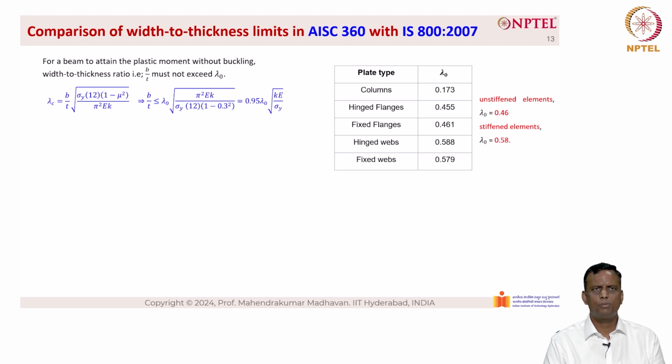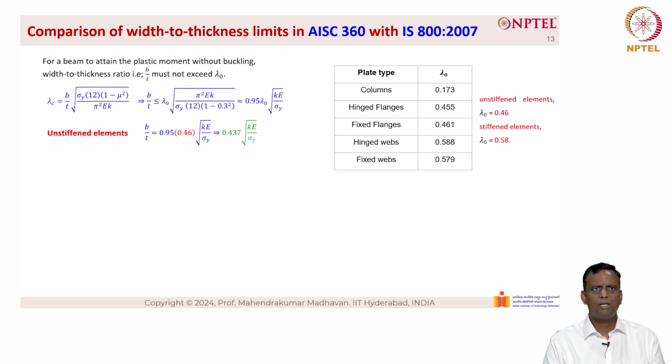So, we substitute lambda sub c equal to lambda naught and rearrange the equation in terms of b by t. So, b by t should be less than or equal to lambda naught into root of pi square E into K divided by sigma y into 12 into 1 minus 0.3 the whole square. When we run the numbers, we get 0.95 lambda naught into root of K E divided by sigma y.